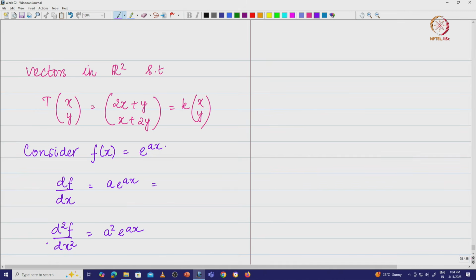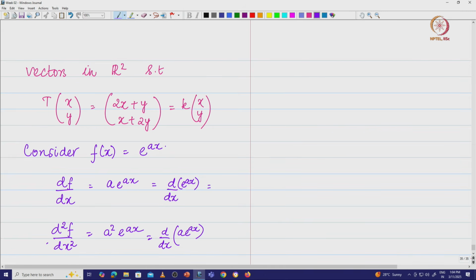What is this basically? This is the derivative of the function f(x) = e^(ax), which we got as a e^(ax). This is nothing but the second derivative of the function, d/dx of a e^(ax), which we got as a² e^(ax).